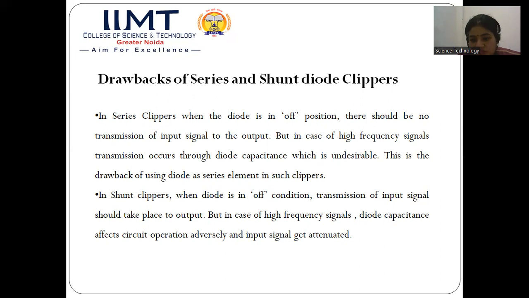There is some attenuation in the signal. So due to the diode capacitance effect, circuit operation is adversely affected and the input signal gets attenuated. We are not getting the full output waveform. So these are the drawbacks of the series and the shunt diode clippers, especially in the case of high frequency signals.